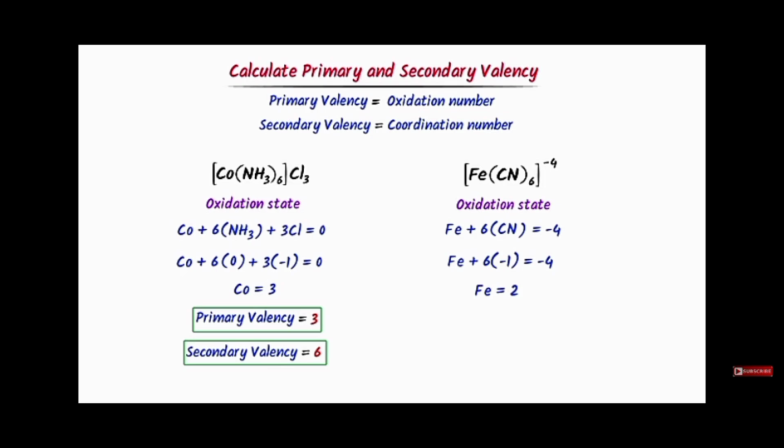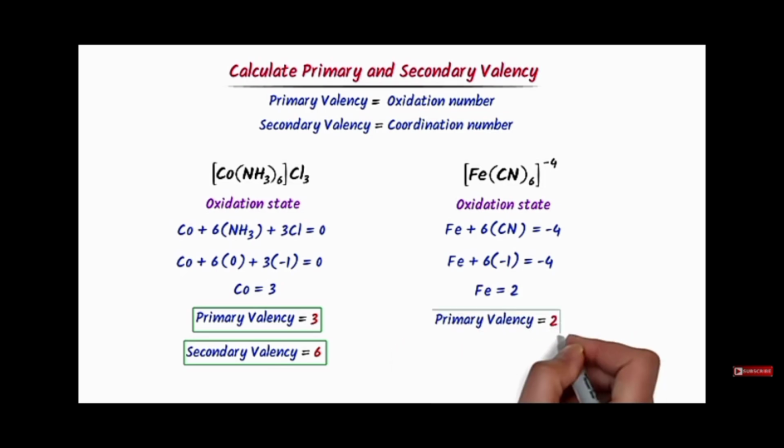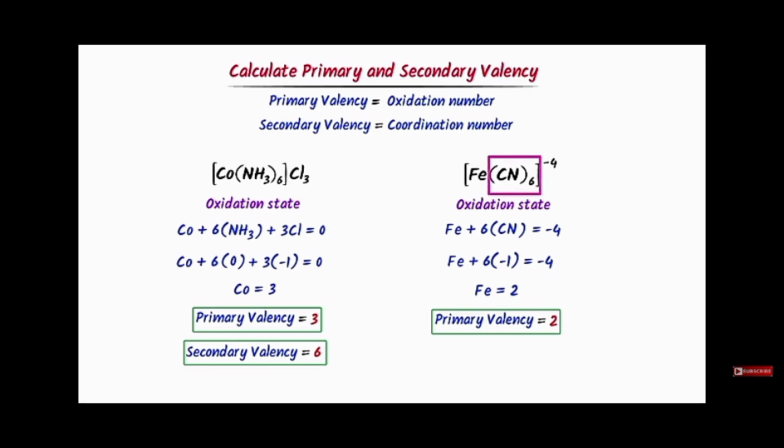The oxidation state of iron is positive 2. So the primary valency of iron is positive 2. Here, there are 6 ligands of CN. The coordination number is 6. So the secondary valency of iron is 6. Therefore, using this trick, we can easily calculate the primary and secondary valencies of a central metal atom. Now let me teach you the structure.